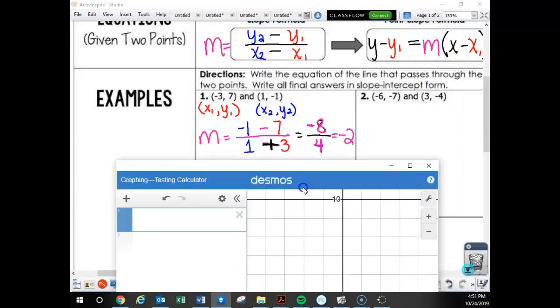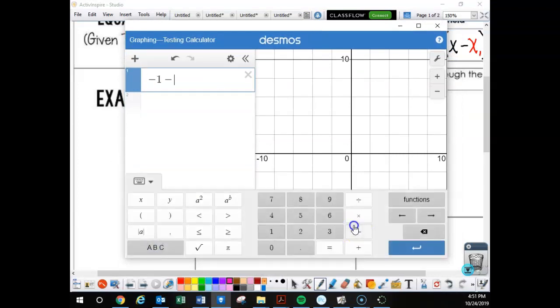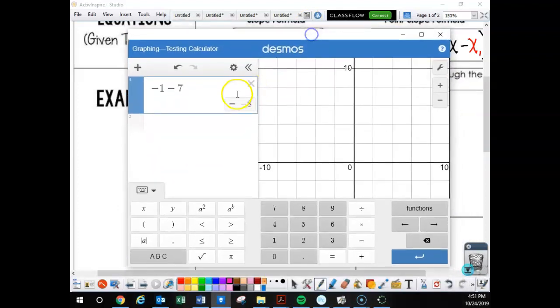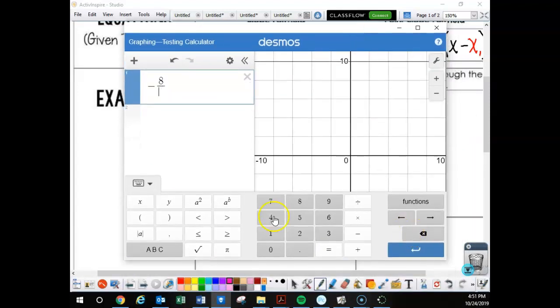You can put -1 minus 7, and it gives you the answer as -8. Also, 1 plus 3, you should know how to do that, 4. Or -8 divided by 2 is -4. Or, sorry, divided by 4 is -2. Okay?